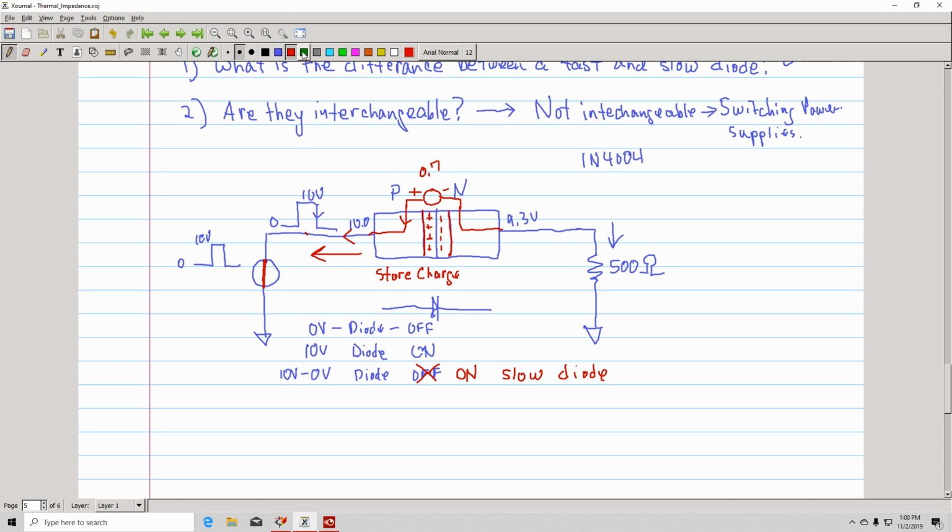Let me do that. When this is on, there's a current I on, and then when it goes back to 0, there's an I off. You could think of it in that direction, until the charge in the junction dissipates or discharges.